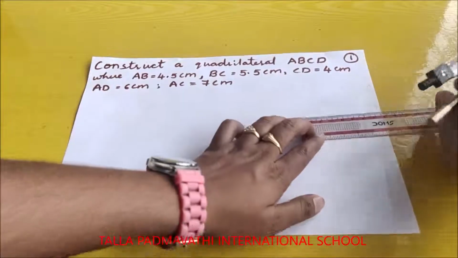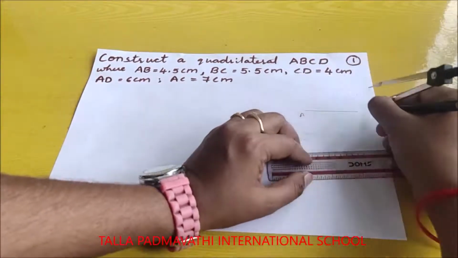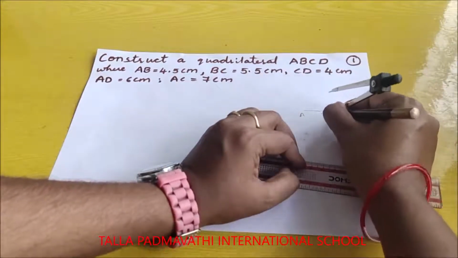First draw the diagonal AC. AC, that is how much? 7 centimeters.